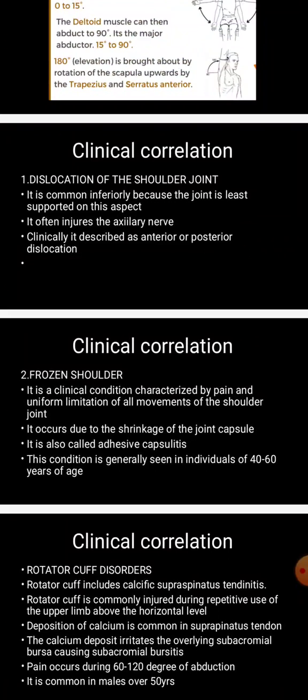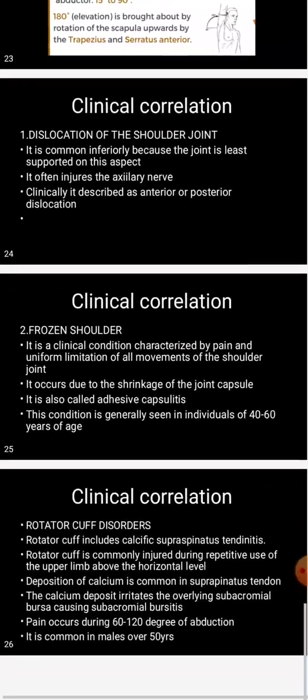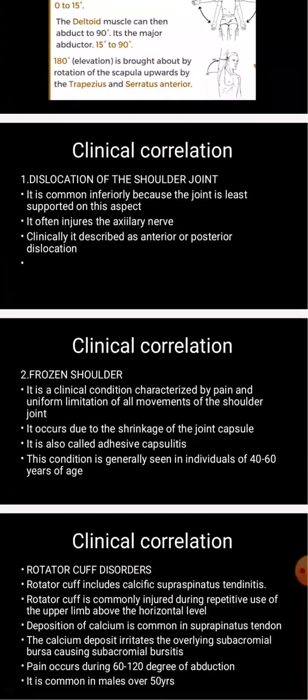Okay, it occurs due to shrinkage of the capsule with age, and it is also called adhesive capsulitis. Adhesive capsulitis basically means the capsule is becoming adherent to the articular surfaces. Okay, and it is mostly common in persons aged about 40 to 60 years.